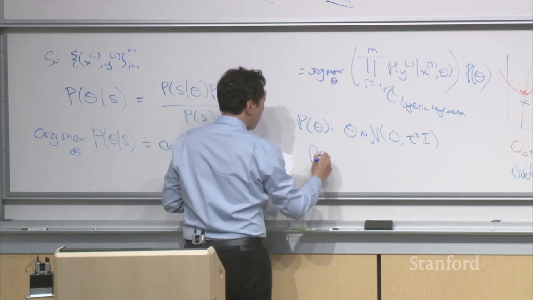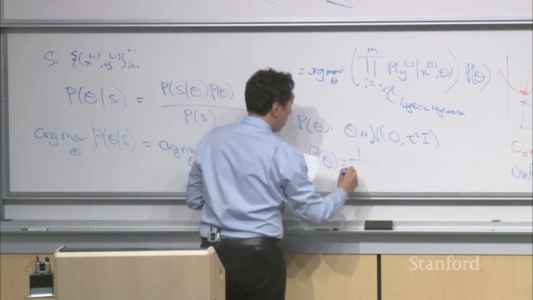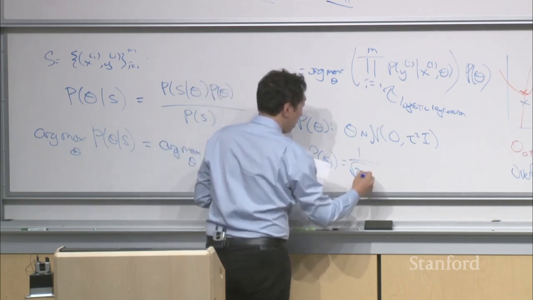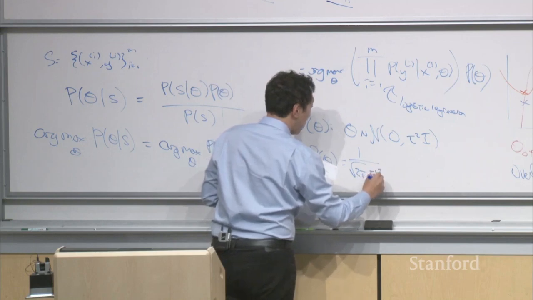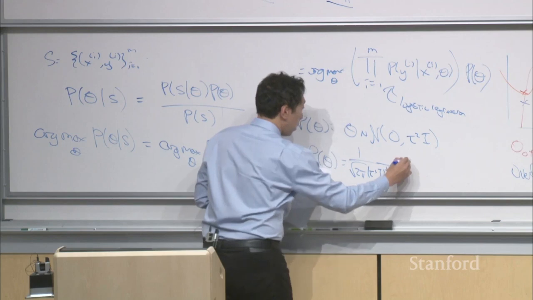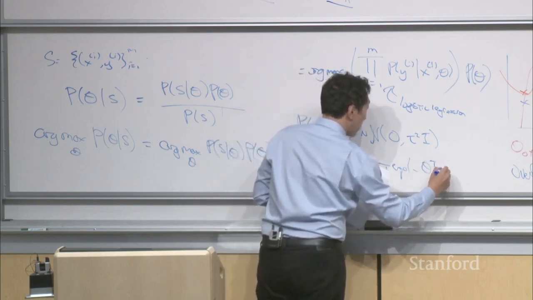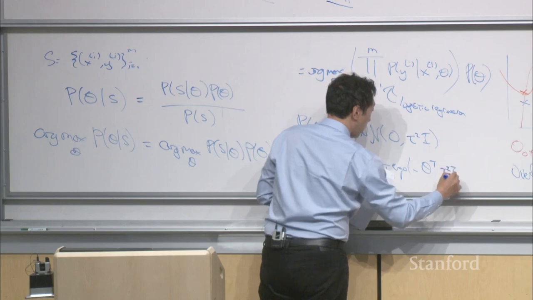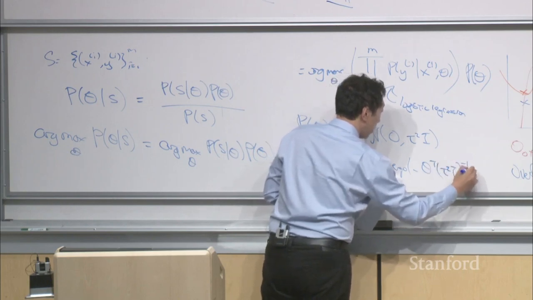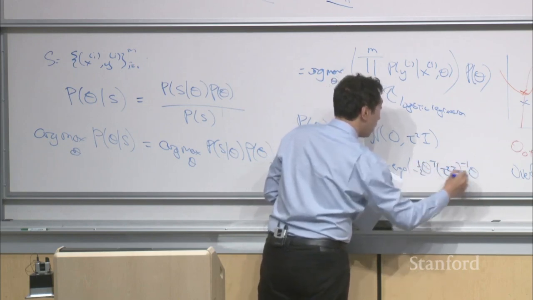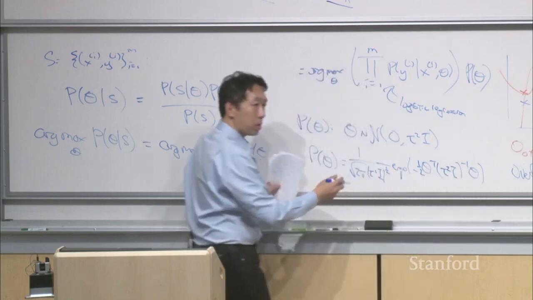In other words, P of theta is 1 over root 2 pi times the determinant of tau squared I, to the negative one half, e to the negative one half theta transpose tau squared I inverse theta. So that's the Gaussian probability.